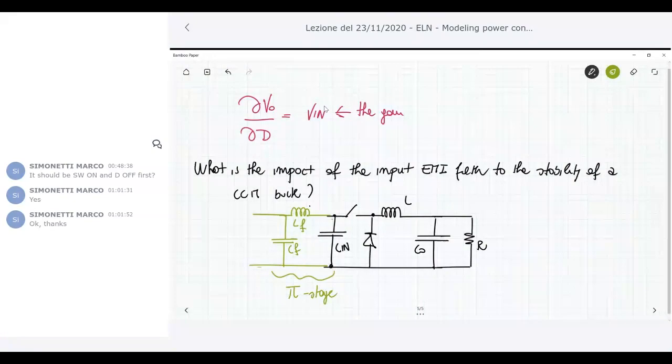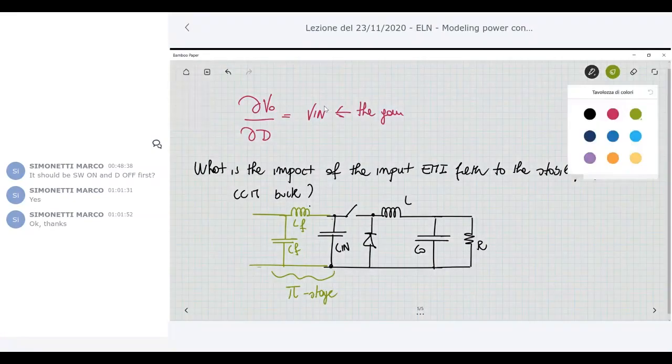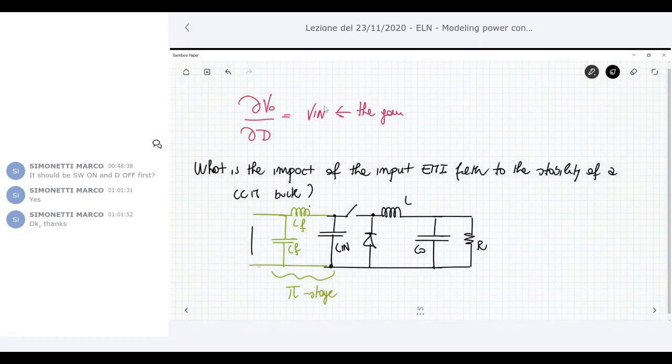But anyway, there is something connected at the input side in order to filter out all the electromagnetic noise, the interference generated by the switching action of the diode and the switch.